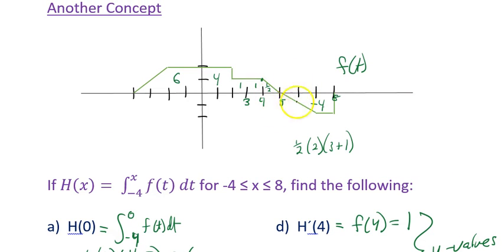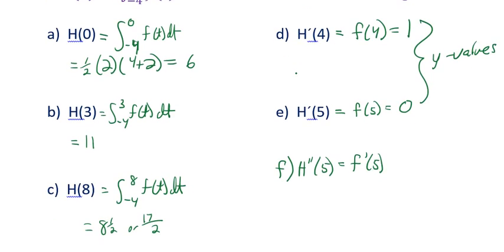I'm actually looking for that slope. And so the slope of this line, and this is supposed to be a nice smooth line, is down 1 over 1, down 1 over 1, down 1 over 1. You can see that, so you can just count blocks. This slope is a negative 1, therefore the derivative of f at 5 is negative 1. So this would be negative 1.